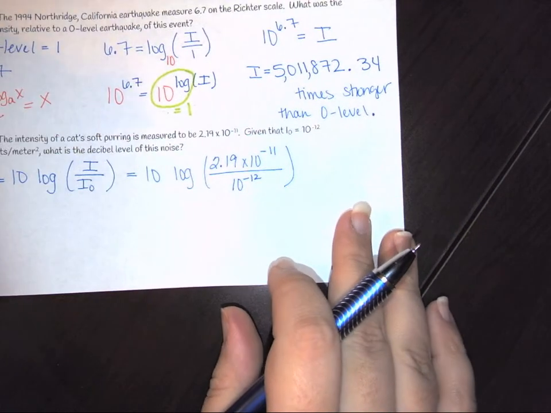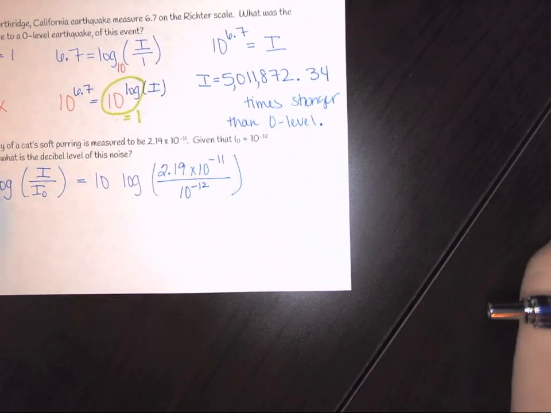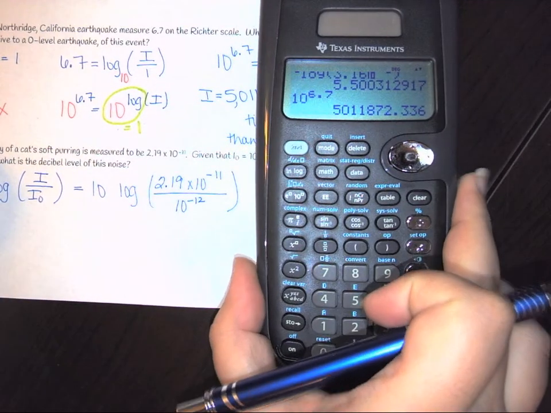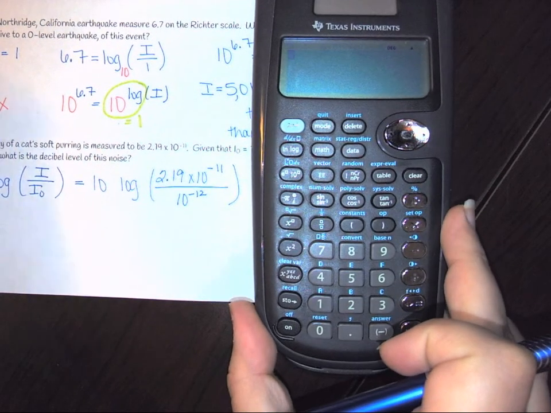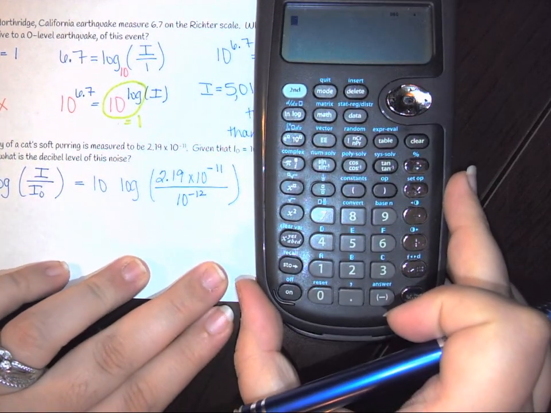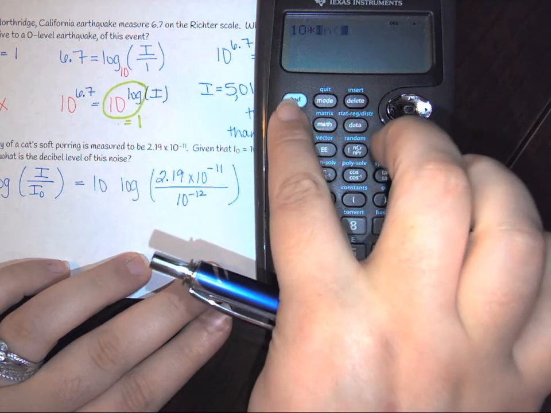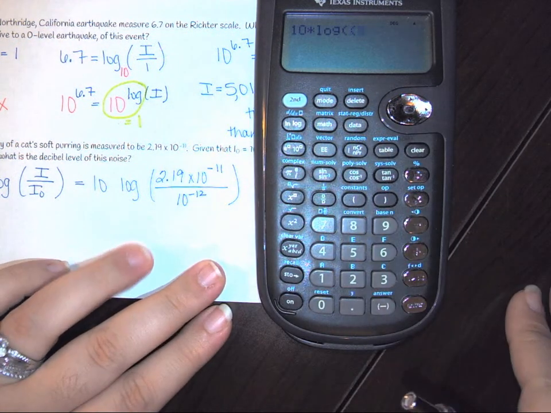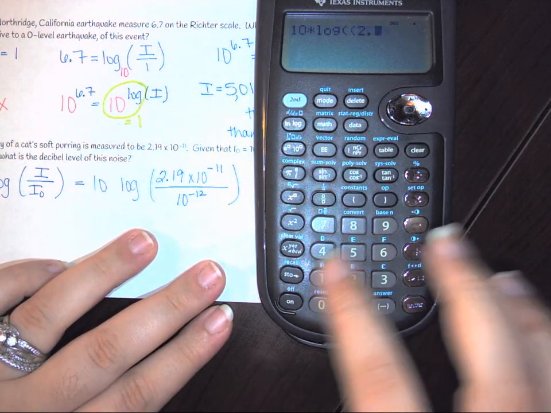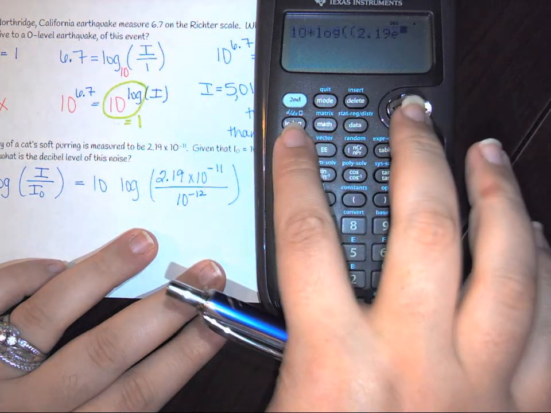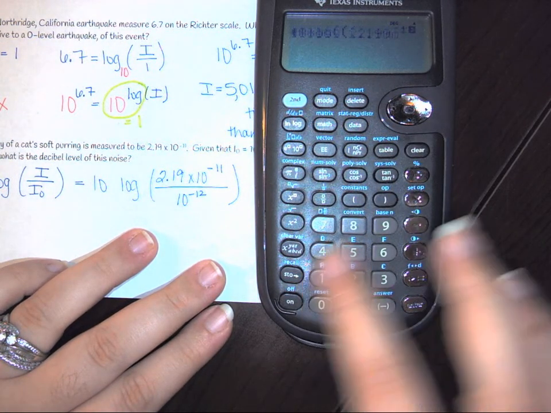So we would again use our calculator. So here I have 10 times my log of, I've got the top, 2.19 times 10 to the negative 11.